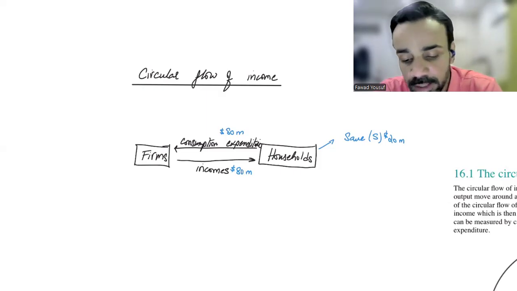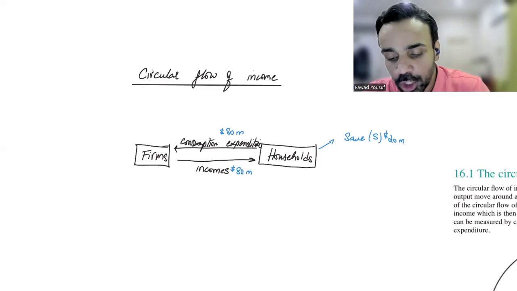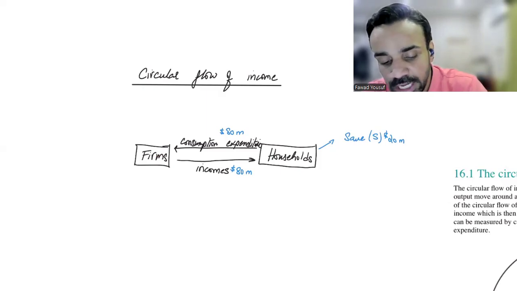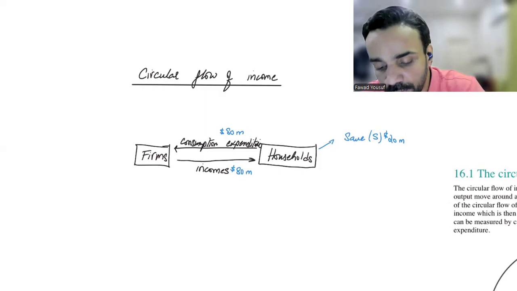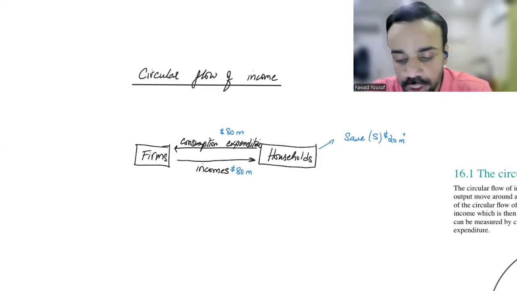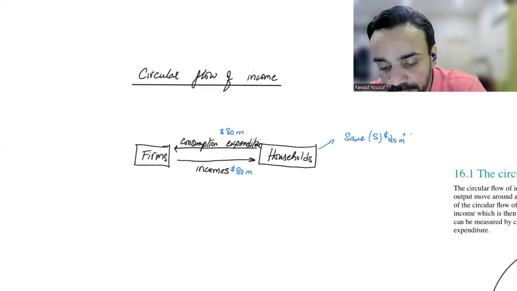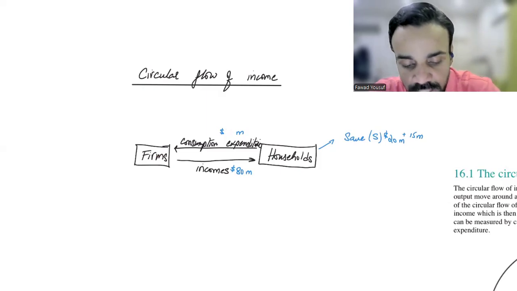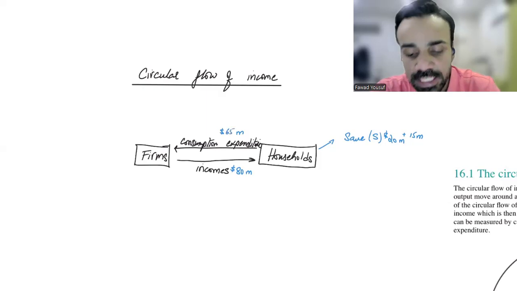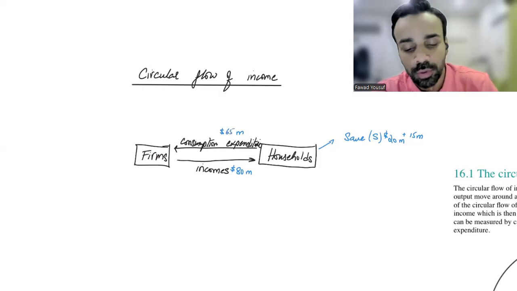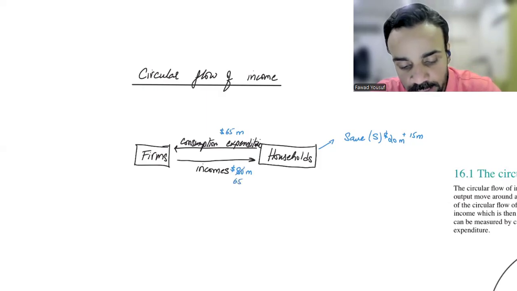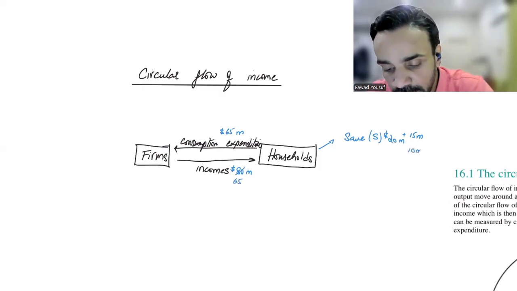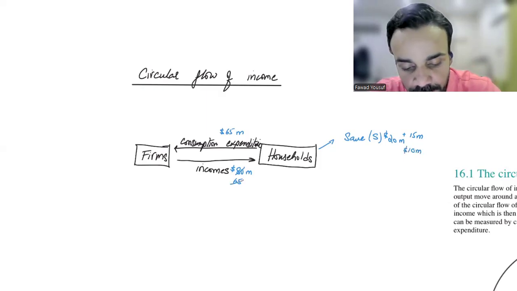But then what will happen again? The incomes that have been earned, people will decide to save another small chunk of that. तो 80 का वो chunk save कर लेते हैं, let's say another 15 they save. So therefore, if they're saving 15 again, so now instead of spending the entire 80 that they earned, they will be spending 65. And so this whole process will keep on happening, and the money will keep on coming out of the system, right?